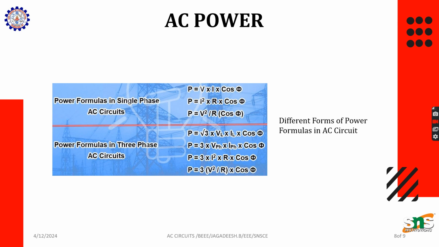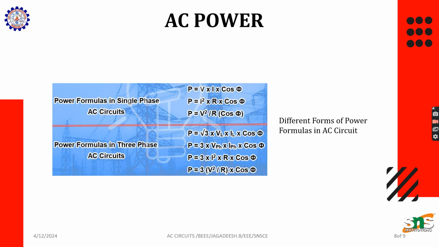These are a few things in AC, and now let us see the power formulas in an AC circuit. Let us take single phase AC first. As I mentioned, there is a power factor in AC, so power is the product of voltage, current, and power factor. There are different expressions for calculating single phase power: P is equal to I square R into cos phi, or V square by R into cos phi. The power formula for three phase is root 3 VL I cos phi.